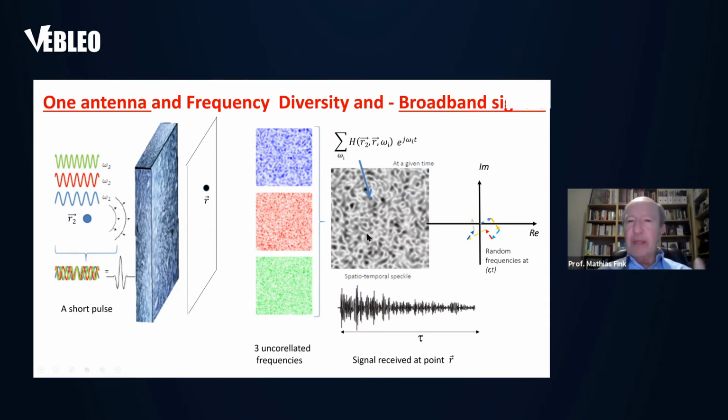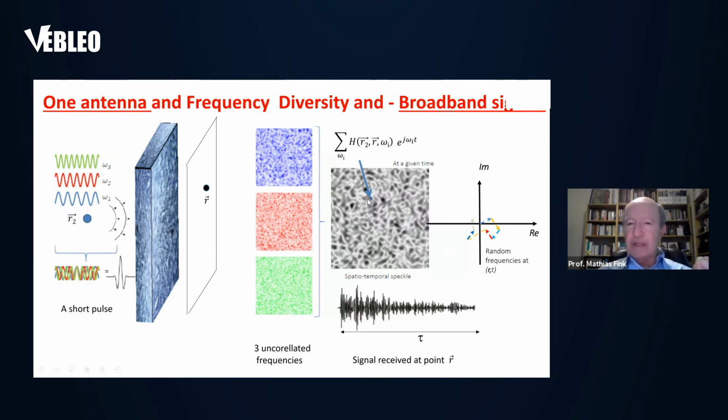And this is a signal that at one point is completely random in time. Now you have sent a short pulse, but what you receive here is all the frequencies, with the phase of each frequency uncorrelated. This is a Fresnel vector that gives you the amplitude and phase, but the phases are random.